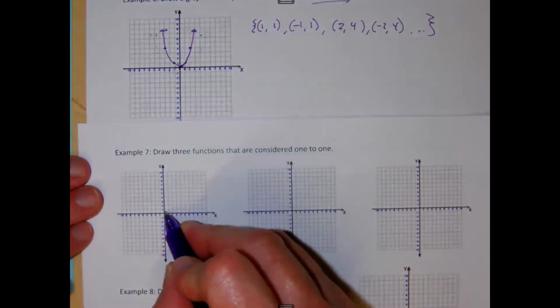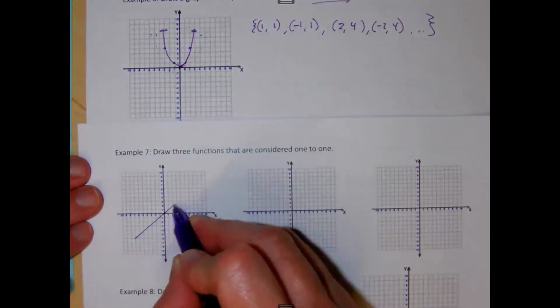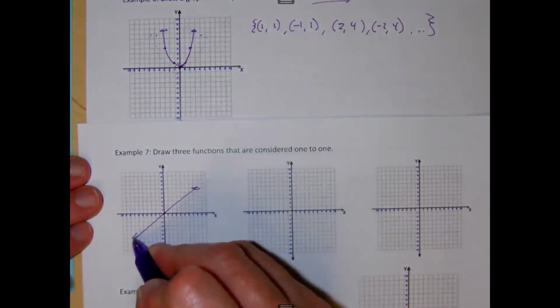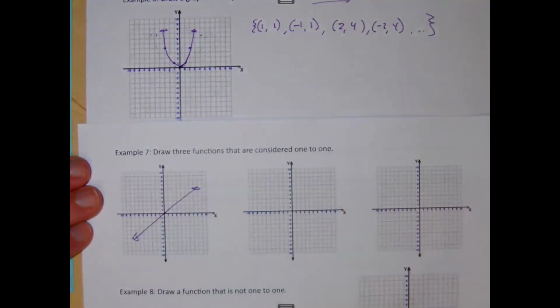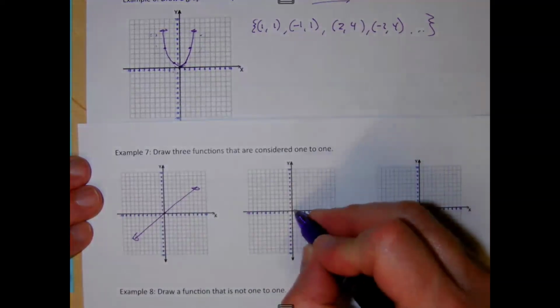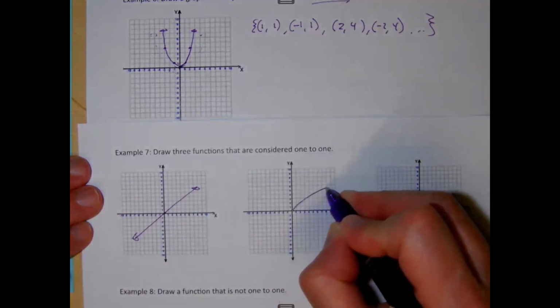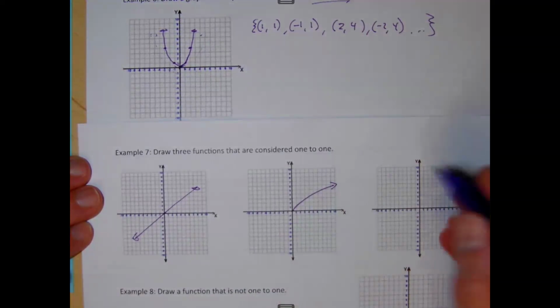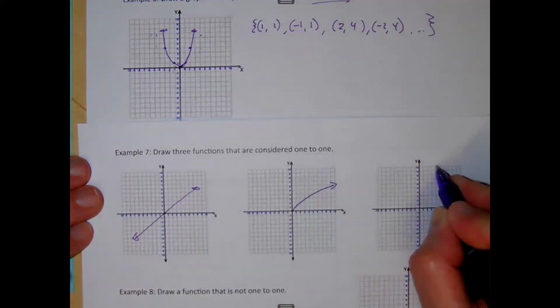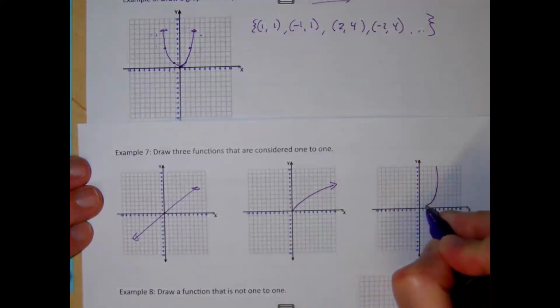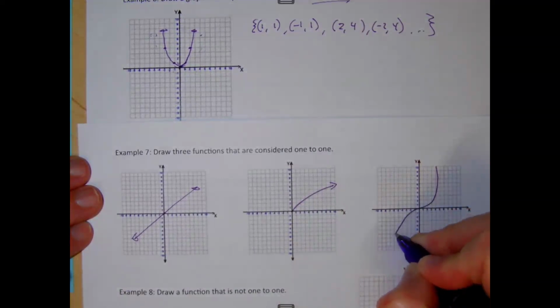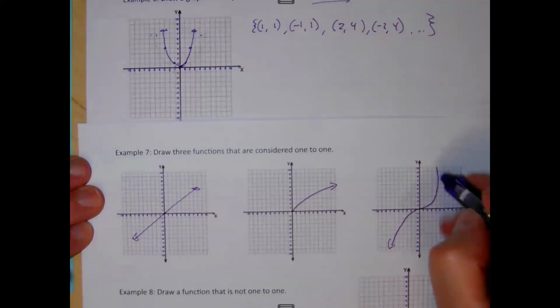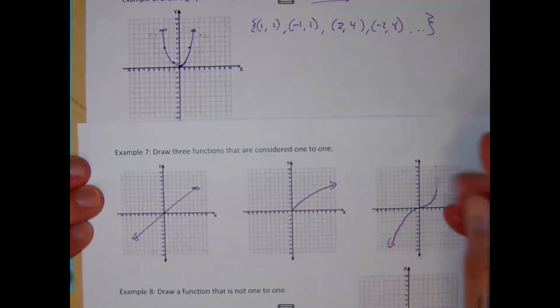So if I draw a line, for example, that is one-to-one. About this one, this is also one-to-one. I can even come over here and do this. And I meant to go a little further out.